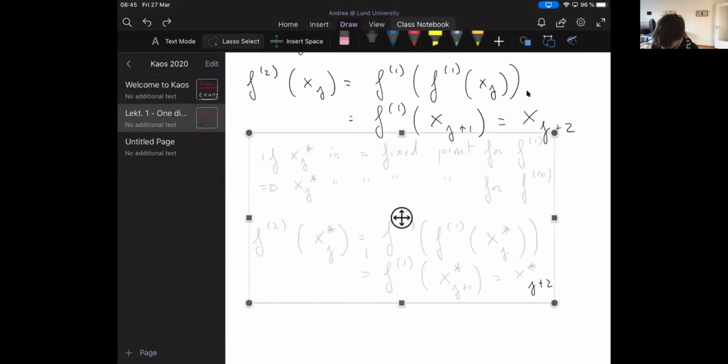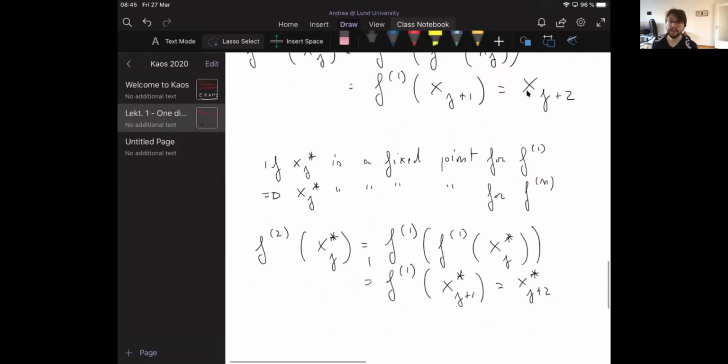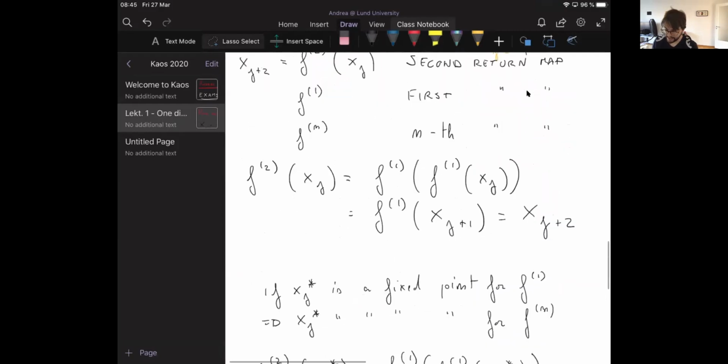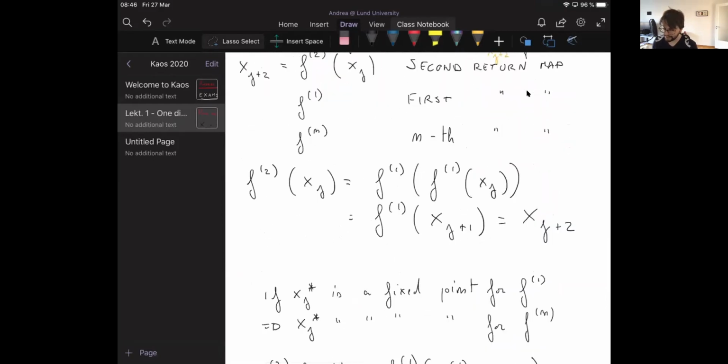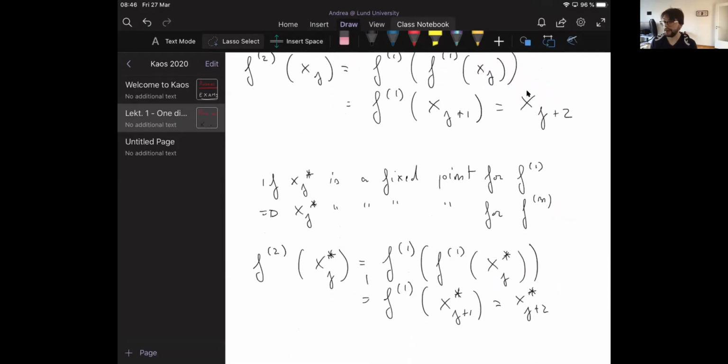So if I can move this a little bit lower, I would be very happy. Okay, so now you see that this is the definition of the second return map, and the fact that the second return map is basically equivalent to applying the first return map twice, or the nth return map is equivalent to applying the first return map n times.